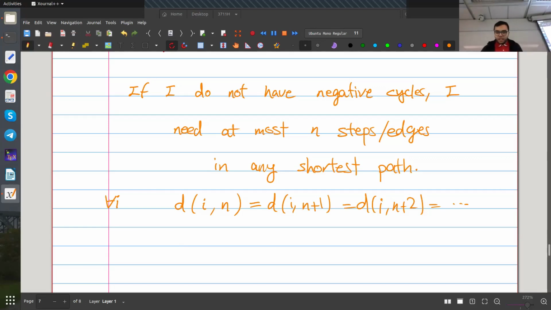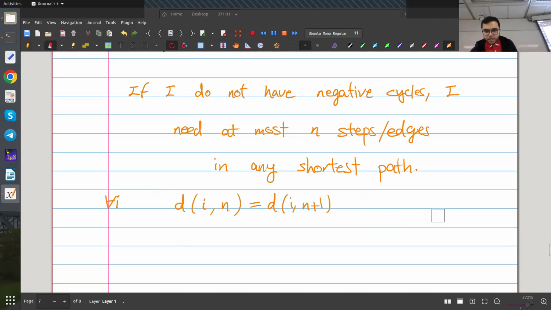Now, here's the thing. I don't care about this part. Let's just look at this part. If I use n steps or n plus 1 steps, my distance is not going to change. But if I do have a negative cycle, you can always prove that there is at least one vertex whose distance would change if you use n steps or n plus 1 steps.